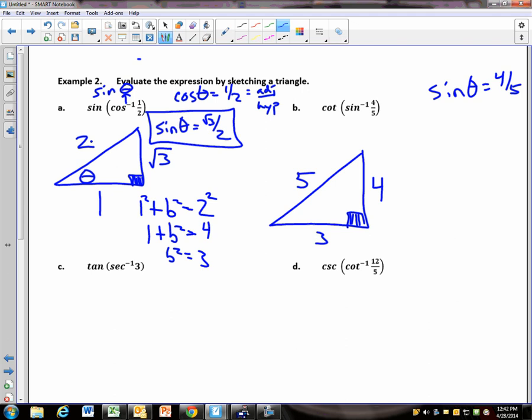So the question is saying, what is the cotangent of sine inverse of 4/5? When you sine inverse 4/5, what do you come up with? Every time you do an inverse on your calculator, you get an angle.